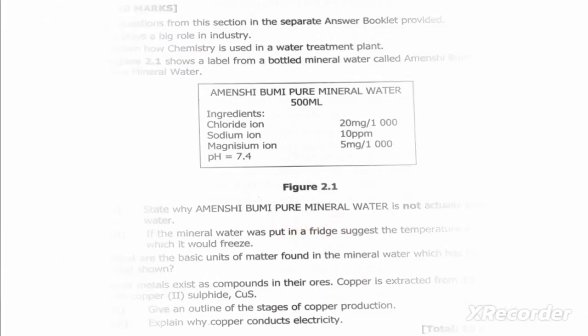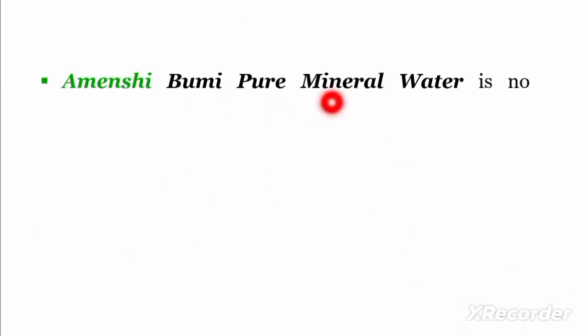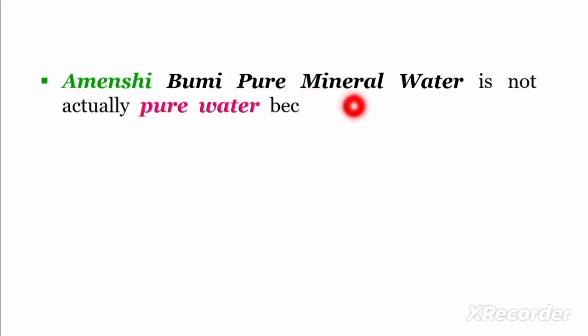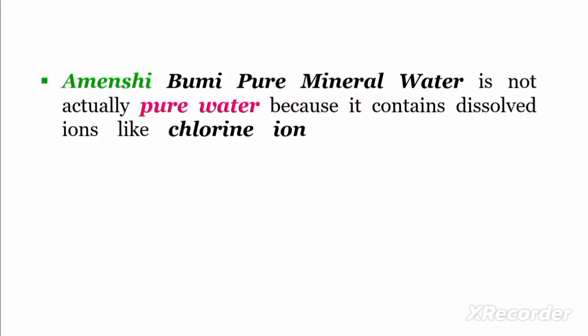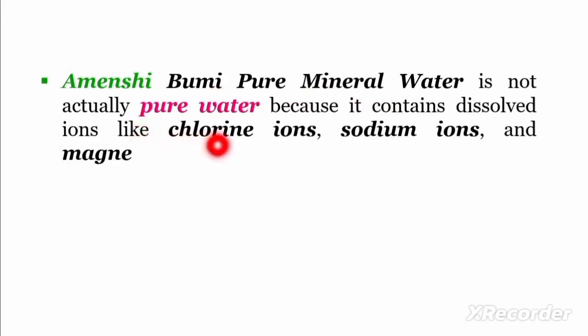Let us consider this. Amenshi Vumi pure mineral water is not actually pure because it contains dissolved ions like chloride ions, sodium ions, and magnesium ions. We can also see that the pH of the water, according to the label given, is slightly higher.